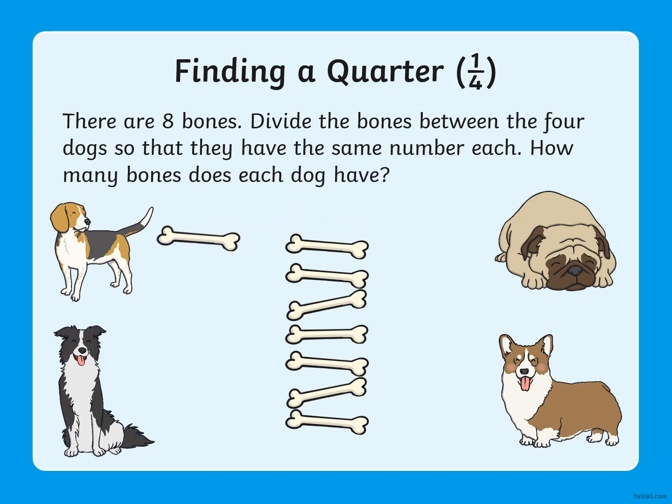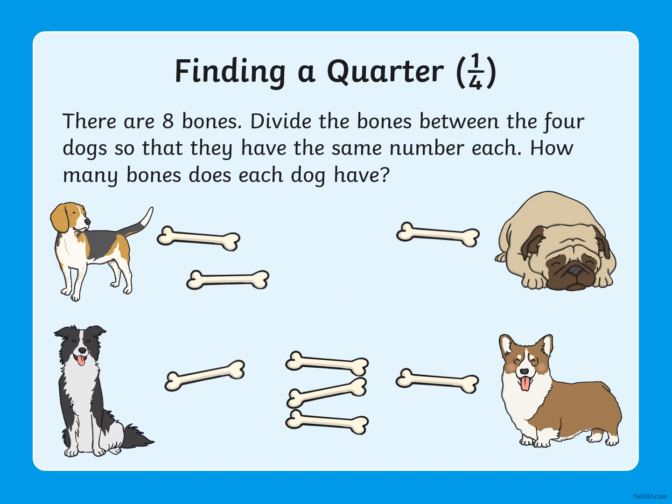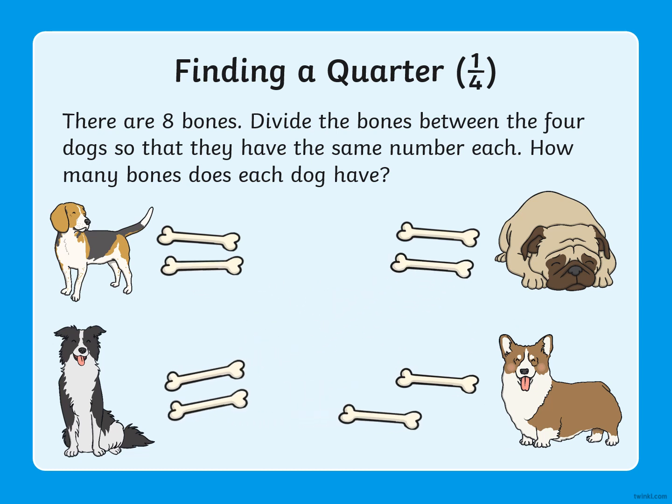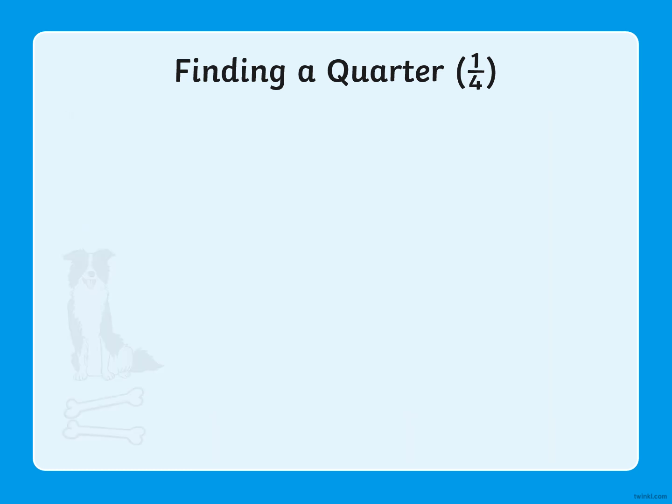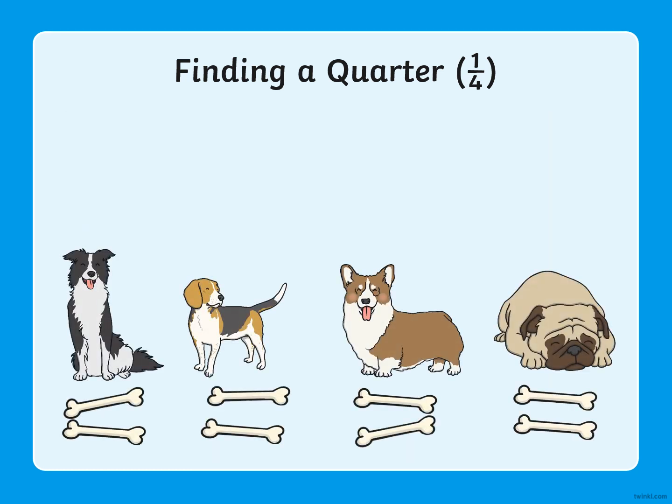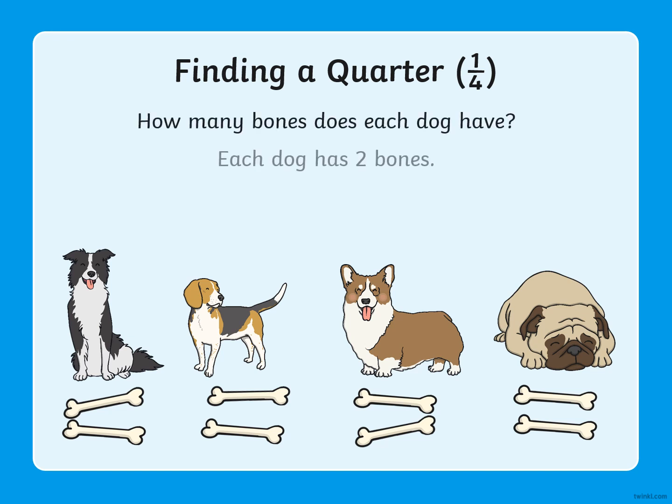1 for that one, 1 for that one, 1 for that one, 1 for that one. And again, let's quickly do that. So how many bones does each dog have? Each dog has 2 bones. Because remember, we're going to break these bones into groups of 4.